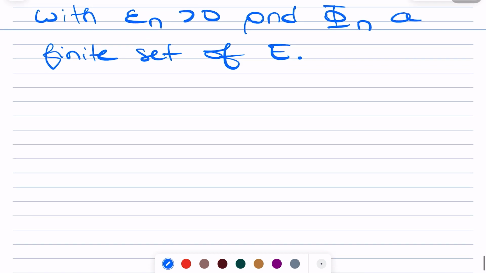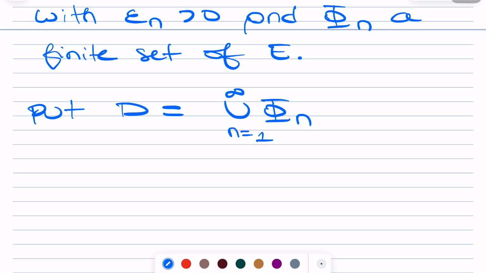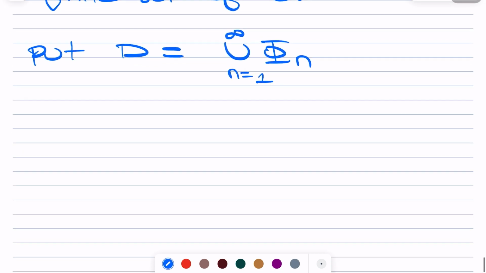Now put G to be the countable union of the phi n, n running from 1 to infinity, so that G is countable.